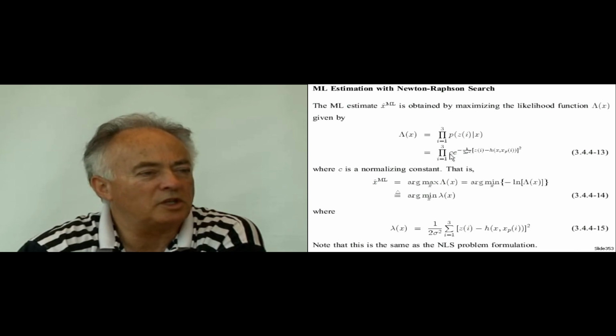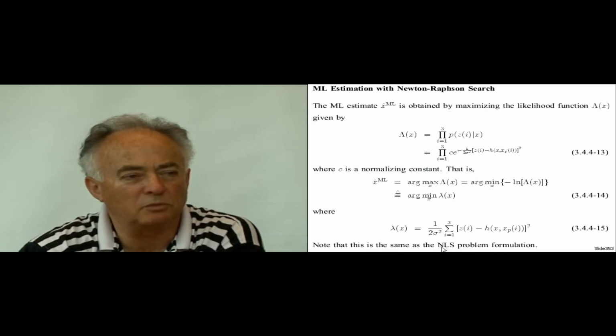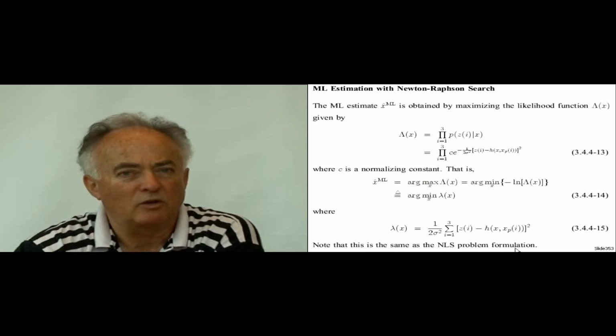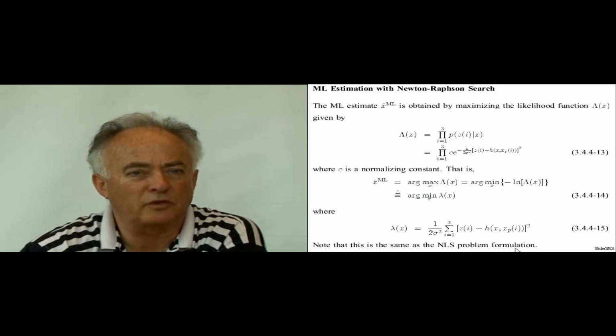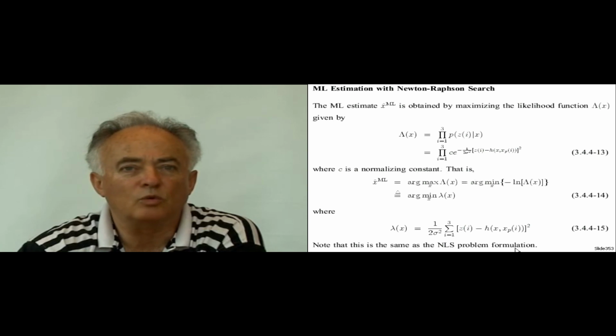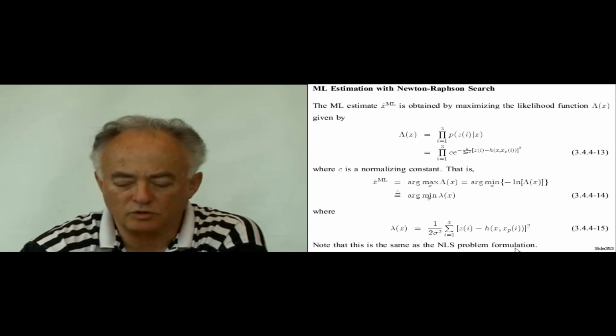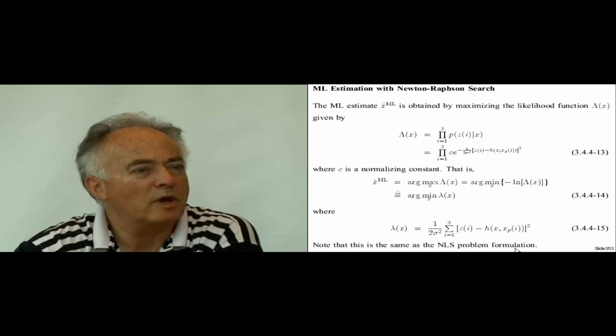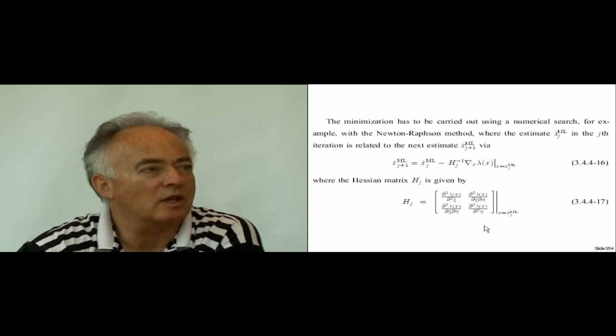Now, this is really the same as the nonlinear least squares problem formulation. So we have the same problem, but we formulate it in two different fashions, and we end up with two slightly different solutions for the same problem. The way to minimize this is numerical search.